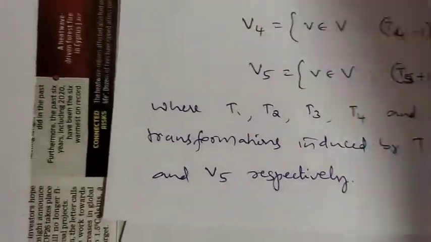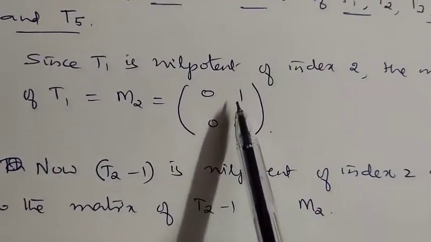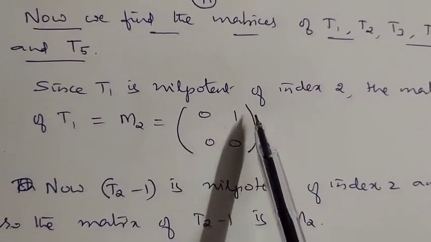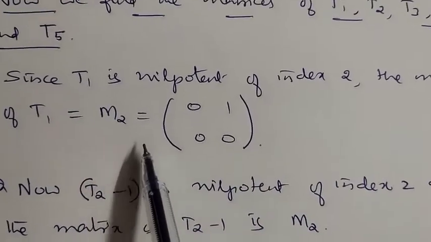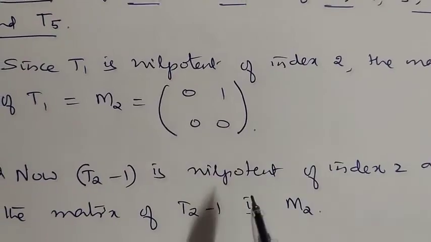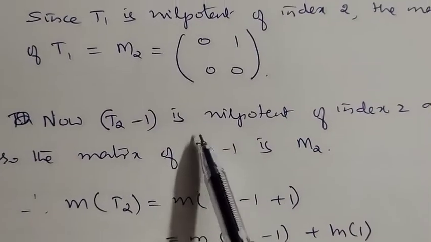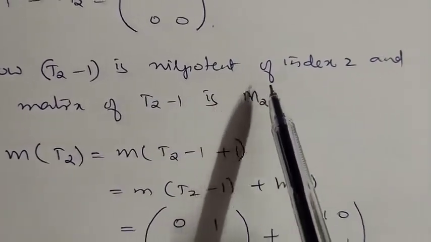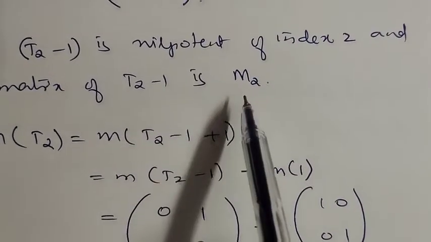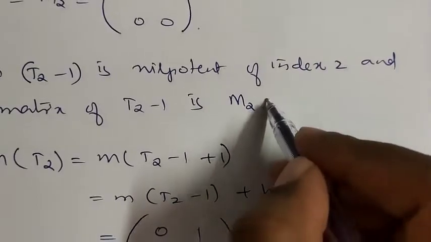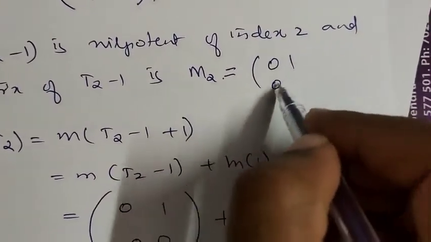Let's take up this now. T1 square of v is 0 means T1 is nilpotent of index 2. Therefore the matrix of T1 is M2, which is 0, 1, 0, 0. Next, T2 minus 1 is nilpotent of index 2, and so the matrix of T2 minus 1 is M2, which is again 0, 1, 0, 0.